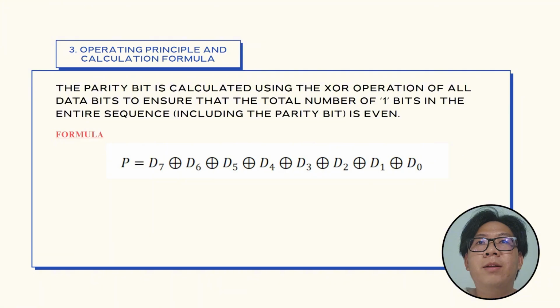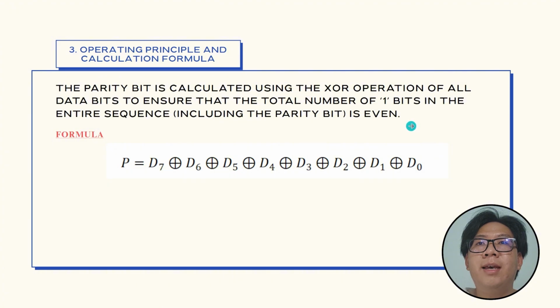Now, let's talk about the operating principle and calculation formula of even parity. In even parity, the parity bit is generated using the XOR operation on all the data bits. The idea is to make sure that the total number of ones in the whole sequence, including the parity bit, is even.